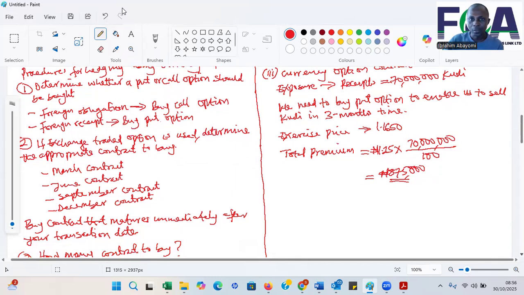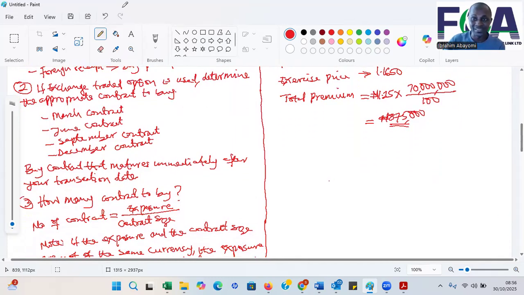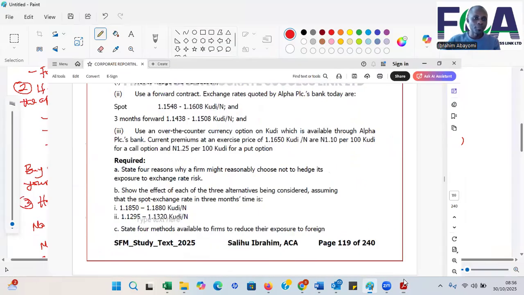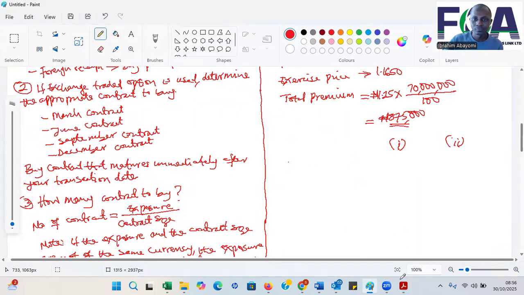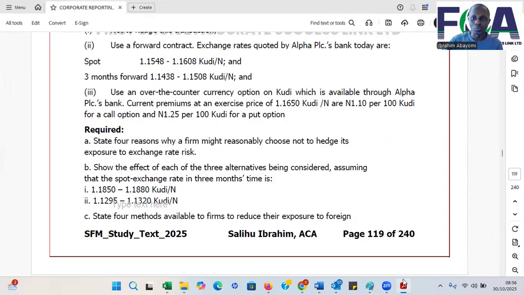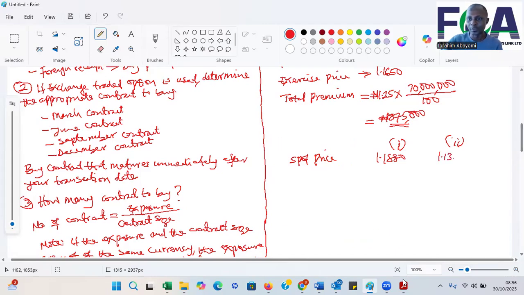The next thing you need to decide is whether to exercise the right or not. Now, let's see. What is the spot price in 3 months? 1.188 and 1.132.